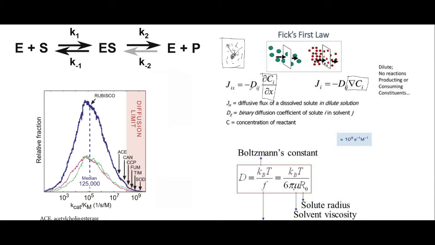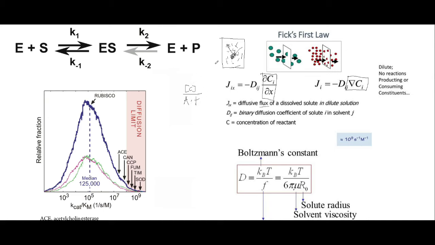But anyway, this is talking about the flux of, say, our substrate, and flux is just the amount of it moving through a given area over a certain time. So it would have units that would be something like concentration over area time.